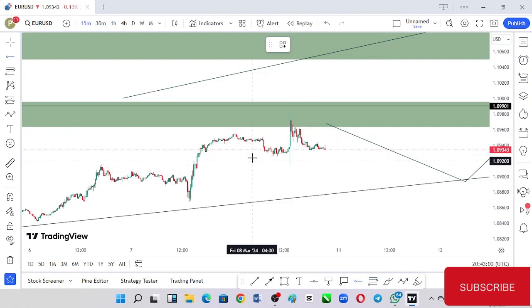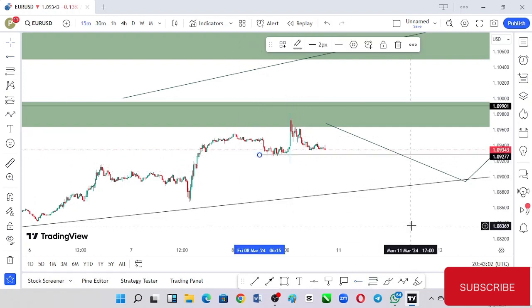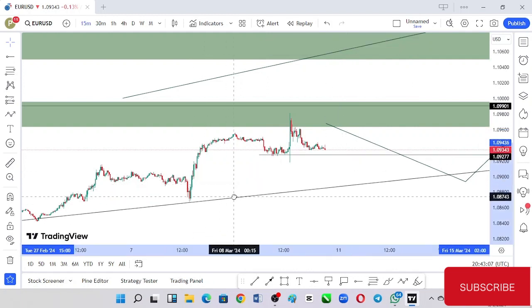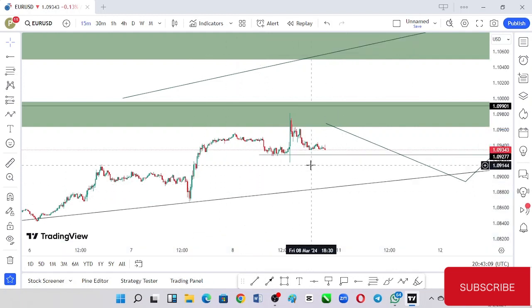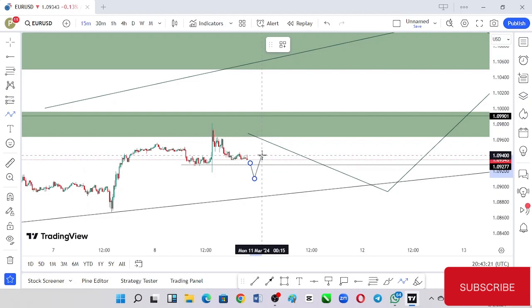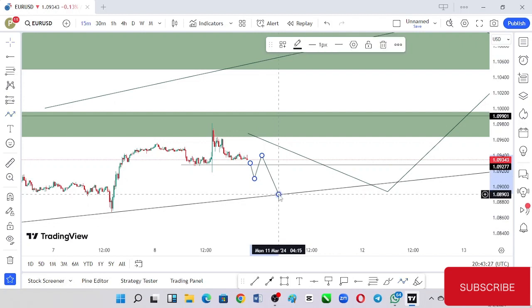This is our support area. Now we can actually have a trading opportunity right here if price breaks below this very support area. If it breaks this very support, we should be expecting a pullback to somewhere right about here, and then it shoots all the way to this trend line.